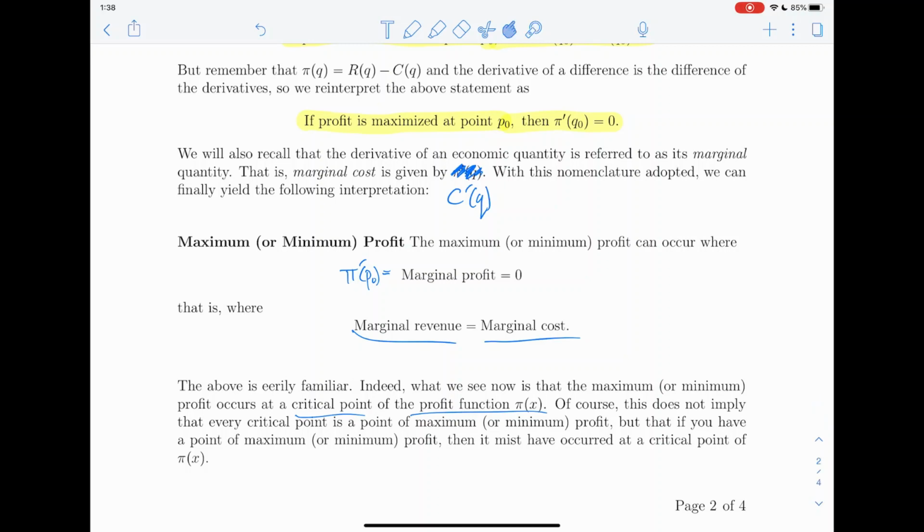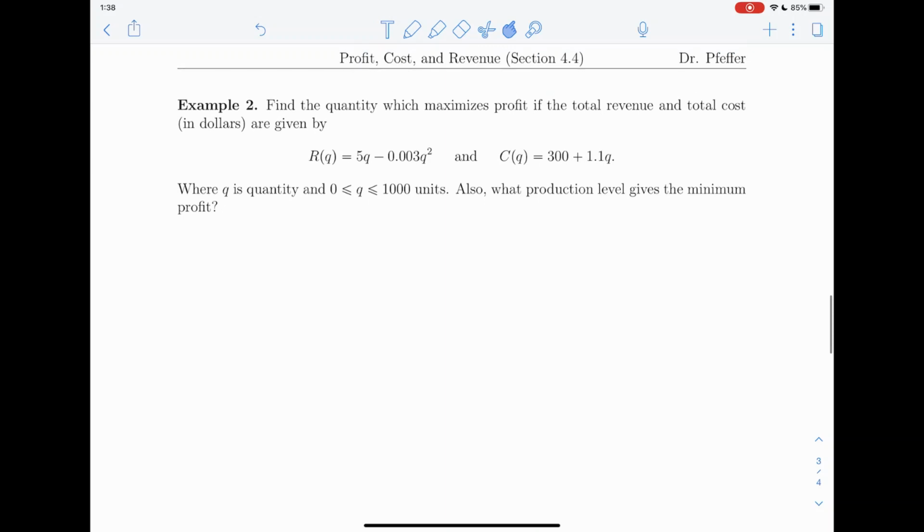To see what I mean, let's take a look at an example. Here we have an example where we want to find the quantity which maximizes profit if the total revenue and total cost are given to us as these two functions. Now, we have to be careful a little bit here.